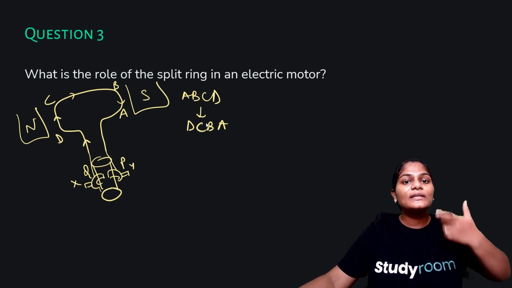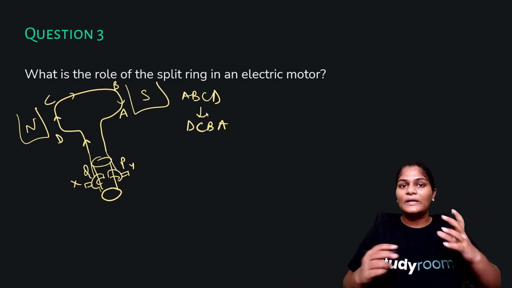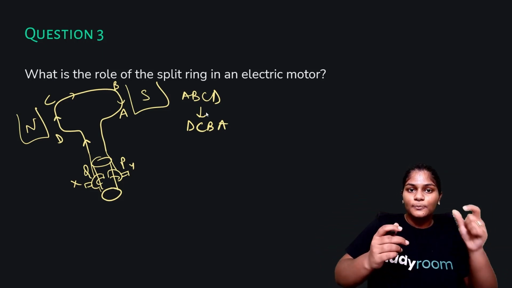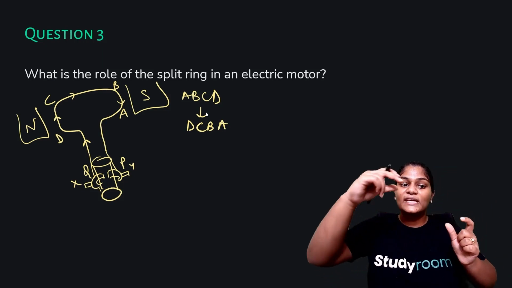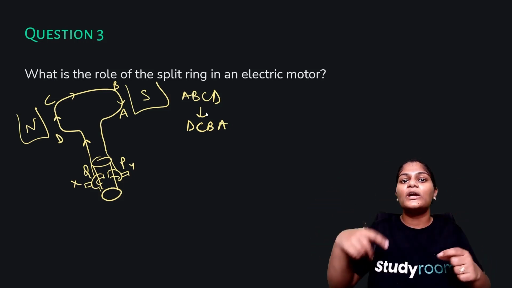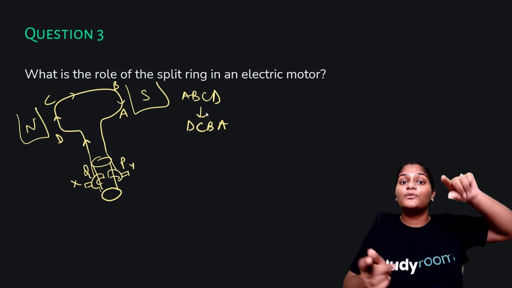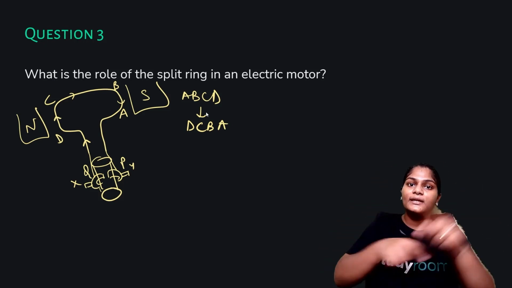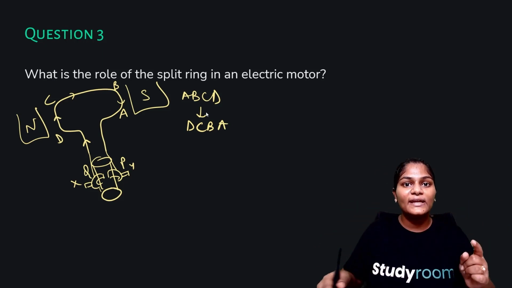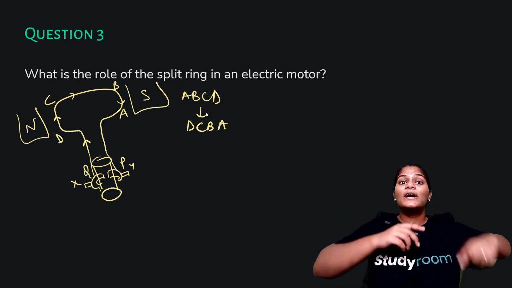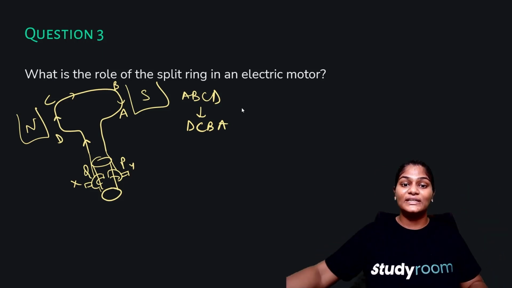So what is the split ring actually doing? If the split ring wasn't there, the split ring wouldn't rotate, and Q wouldn't come in contact with brush X and P wouldn't come in contact with brush Y, and the current in the coil would not be reversed. So there would not be another force experienced to turn the coil again and again in the anti-clockwise direction. So actually, the role of the split ring is to reverse the direction of current in the coil.